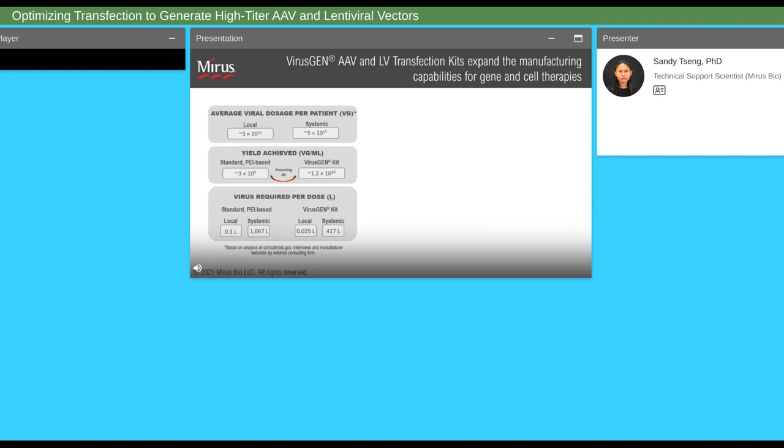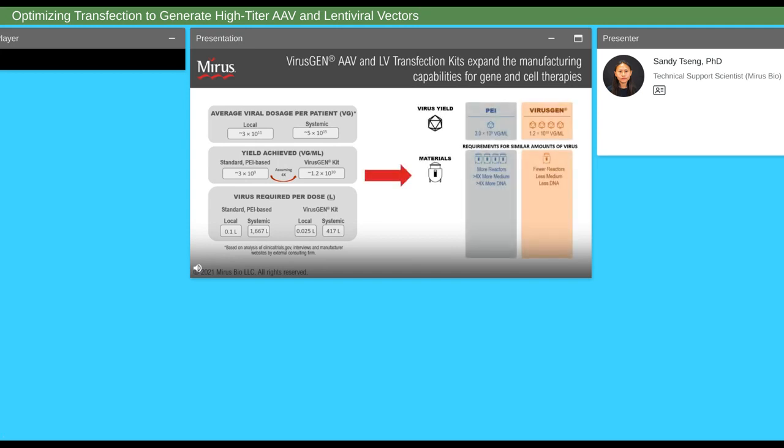So treatments, whether they're administered locally or systemic, will require a lot of virus. And if we take yield as these ballpark estimates here, you can see that the virus required per dose gets to be quite high in the hundreds to thousands of liter range in the case of a systemic treatment.